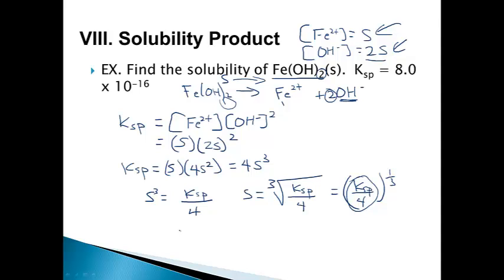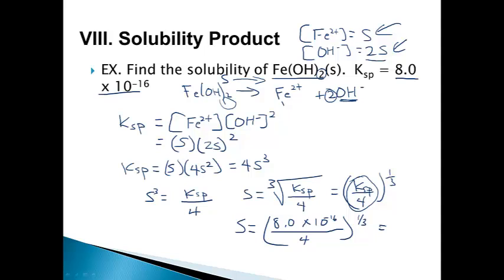1/3 power. Okay, so when you look up the Ksp of Fe(OH)2, it's given to you there, so that means S is equal to the Ksp, 8.0 times 10 to the negative 16th, divide by 4, and then raise the whole thing to the 1/3 power.